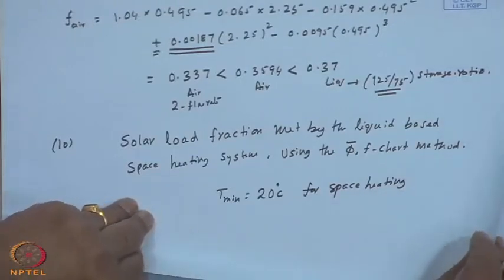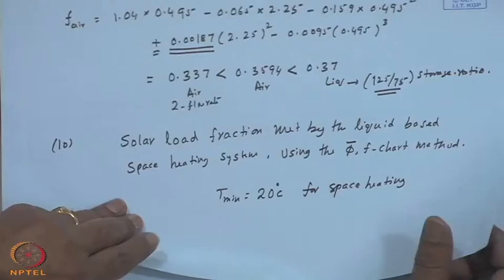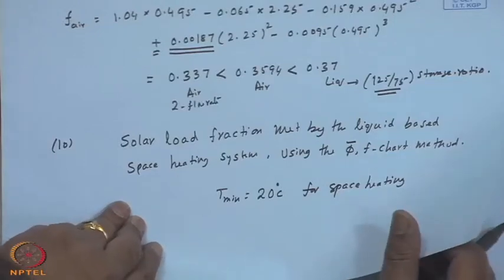Okay. So, the calculation is a little more involved than the F chart method, but nevertheless, the generality of the phi bar F chart method or otherwise can be established. So, we have gone through the steps in problem 6 or 5 whatever, where we were using the phi bar F chart method for calculating the process heating system.